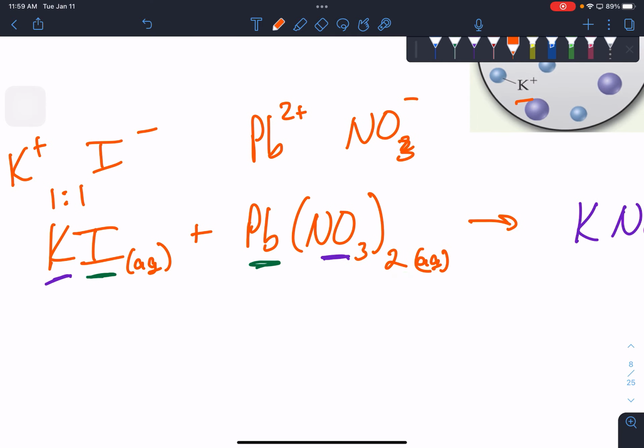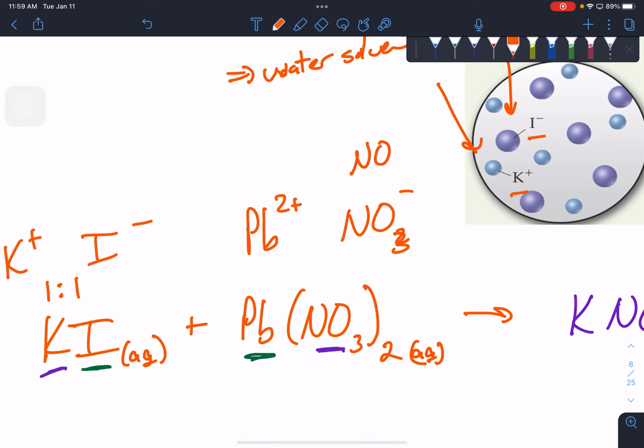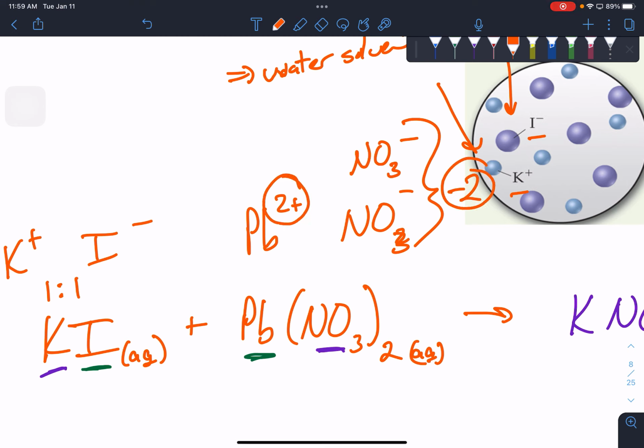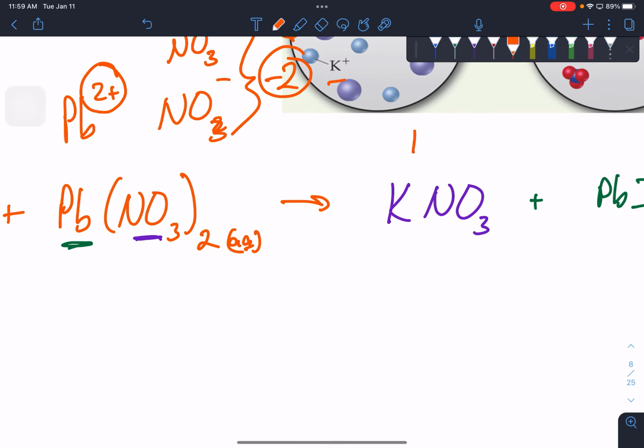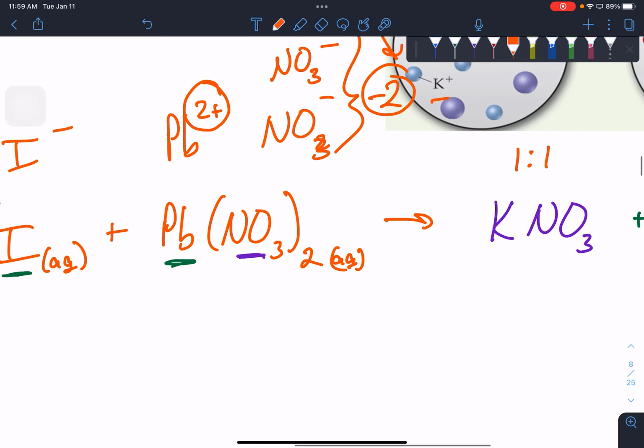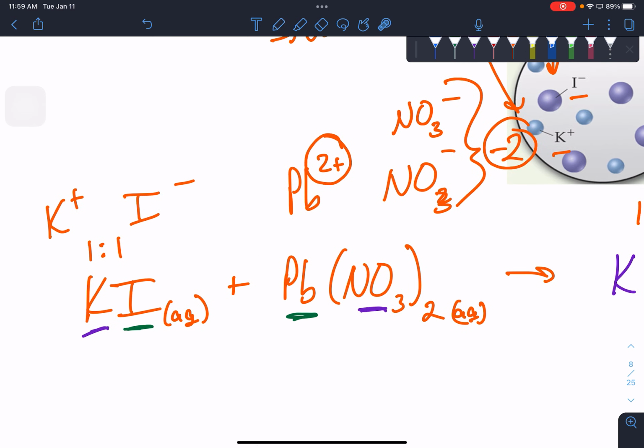Well, because if I have 2 nitrates, then I have an overall -2 charge, and that cancels out with the +2 charge on the original cation. Going to the other side, why do I have a 1-to-1 ratio there? Well, because the potassium has a +1 and a nitrate has a -1. So that's the simplest ratio that I need to cancel each other out.